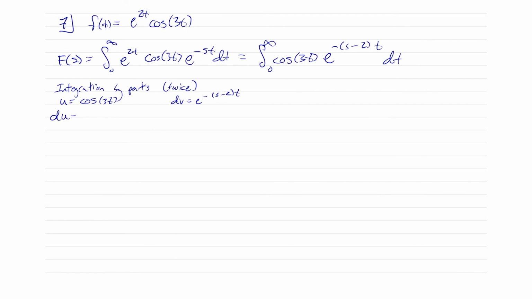What that gives you is du equal to minus 3 sine of 3t, and v equal to e to the minus s minus 2 t divided by minus s minus 2.